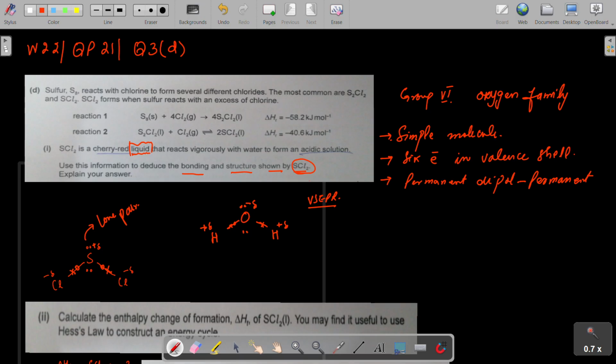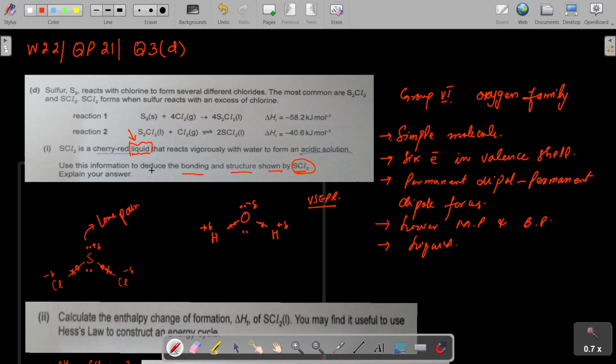Due to this reason, it has a lower melting point and boiling point, and it exists as a liquid, as they have given us the hint in the question.